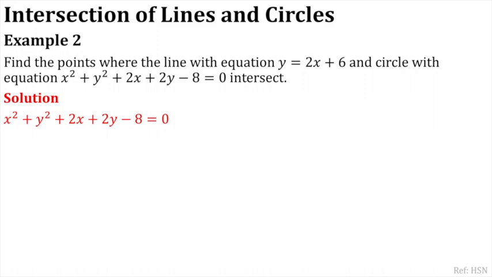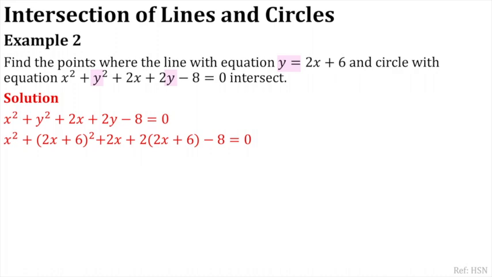Again, we can see that the line that we've got is y equals 2x plus 6. And we have y's within the equation of the circle. So we're going to substitute in there. Instead of y, we'll have 2x plus 6. So that gives us x squared plus 2x plus 6 all squared plus 2x plus 2 times 2x plus 6 minus 8 equals 0.